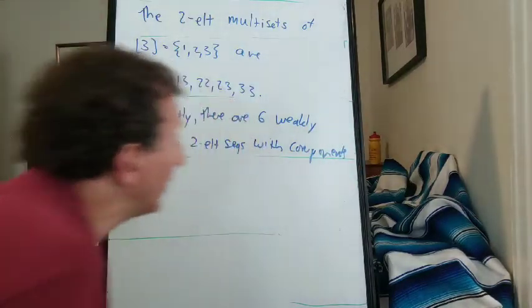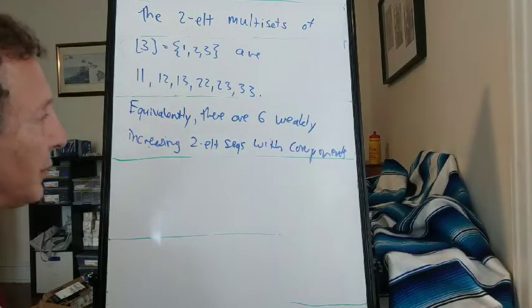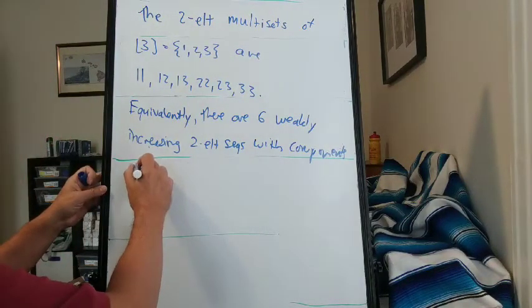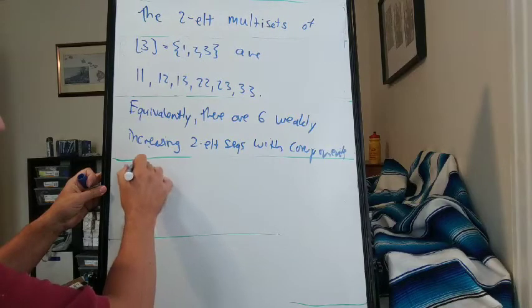So there's 6 weakly increasing two-element sequences with components 1, 2, 3.